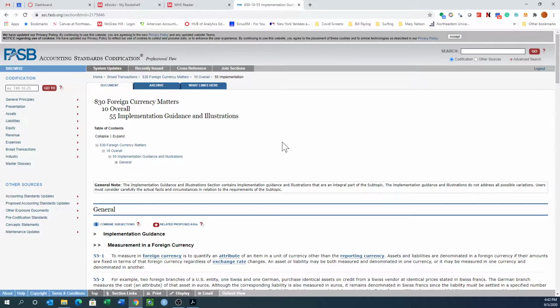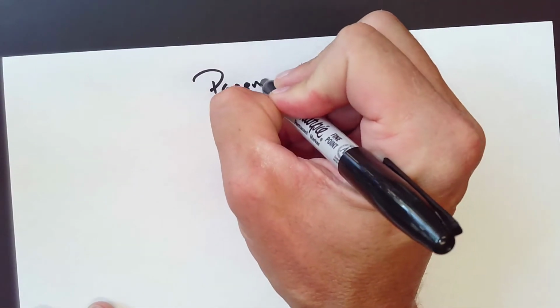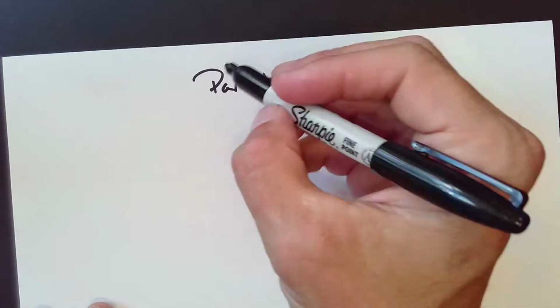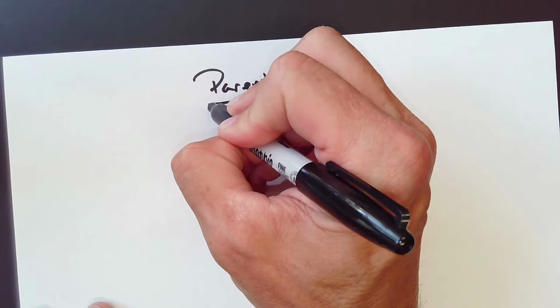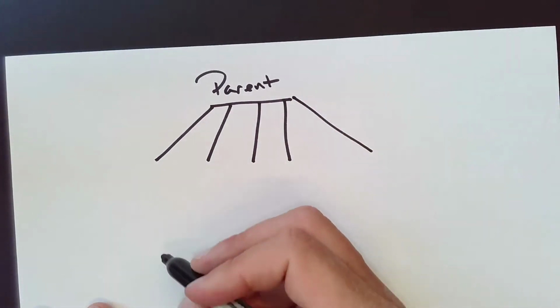And the real issue is we're looking at the entity and we're looking at the entity's relationships with its parent company. Now, not all subsidiaries report directly to the main parent. So if we think about some types of organizations, you may end up having a parent company, the worldwide parent. And the worldwide parent may have a variety of operations.